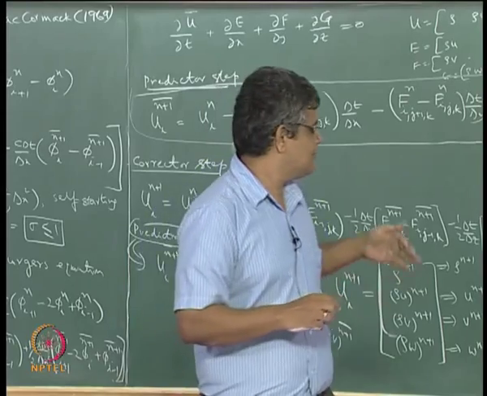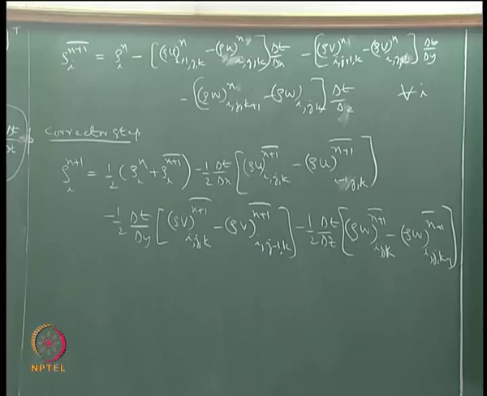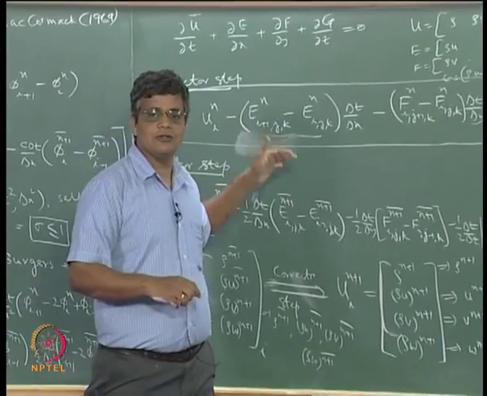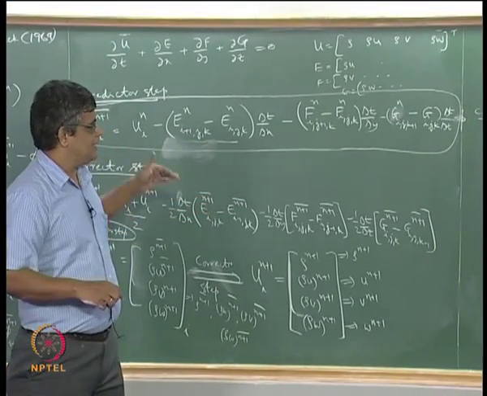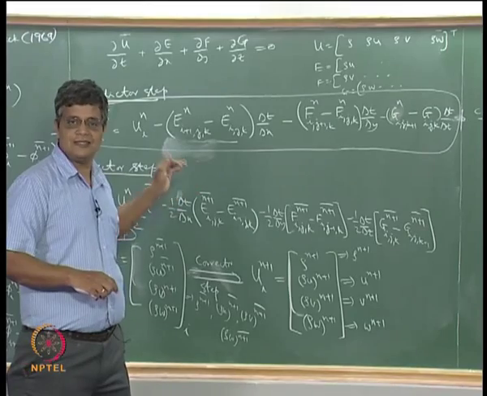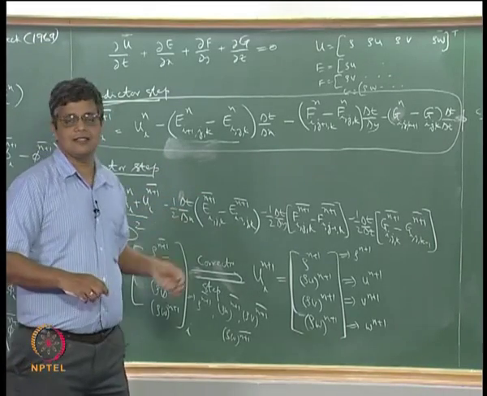So that is the advantage of this. This is an explicit method for the solution of all the partial differential equations together, and it is second order accurate in time and space, and it is conditionally stable.